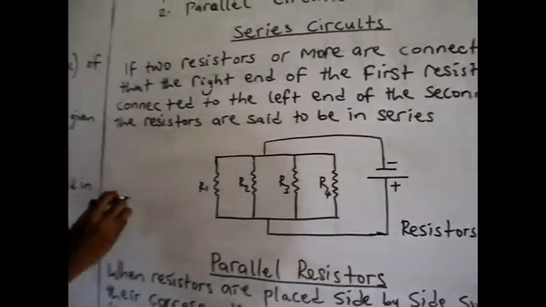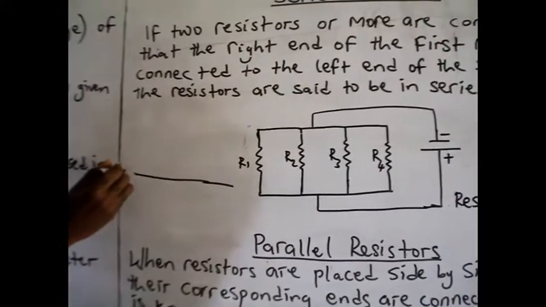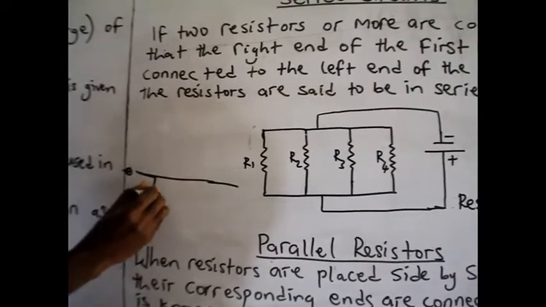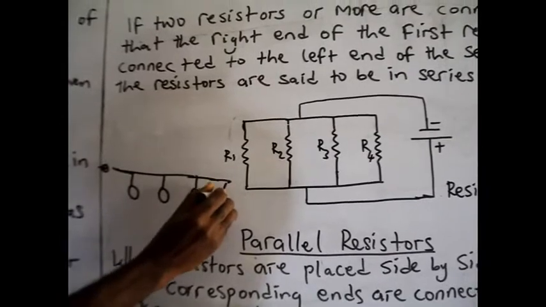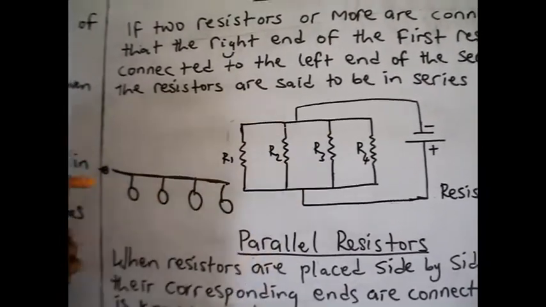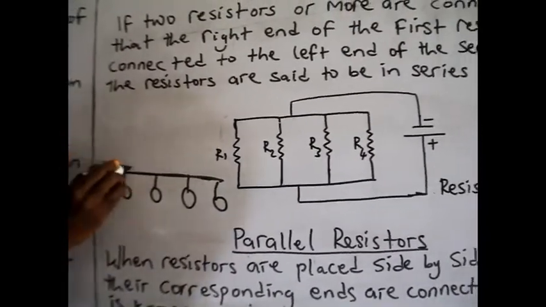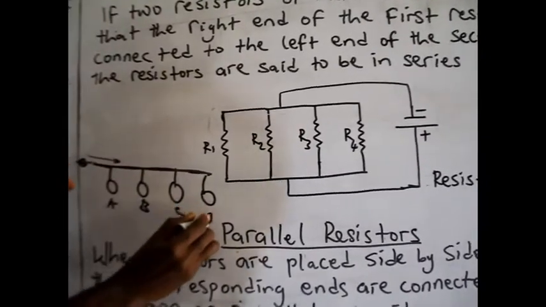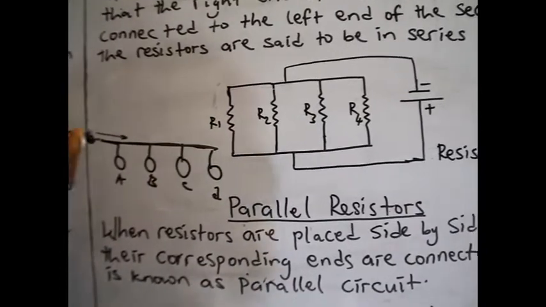You have a long wire and your switch somewhere here, and on that long wire, you connect bulb 1, bulb 2, bulb 3, and bulb 4. You discover that all these bulbs are linked to one wire and one switch. So the same current that flows into bulb A will flow into bulb B, C, and D. So this arrangement is what we call series.